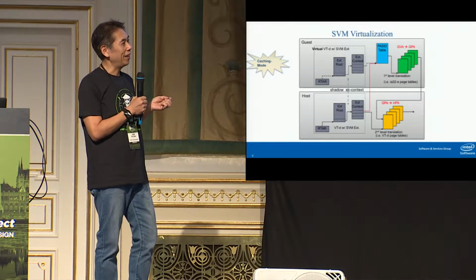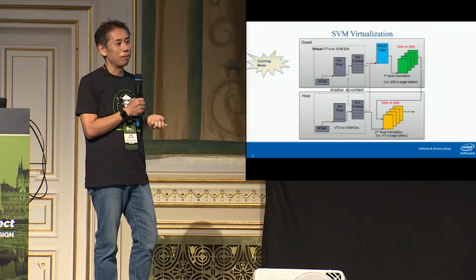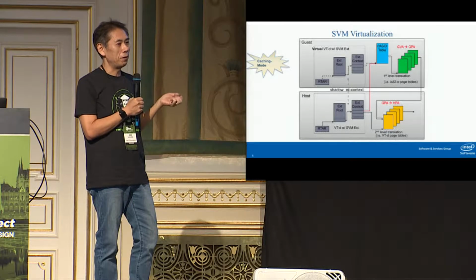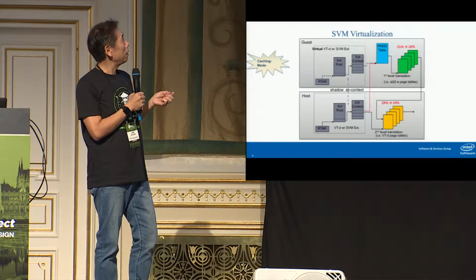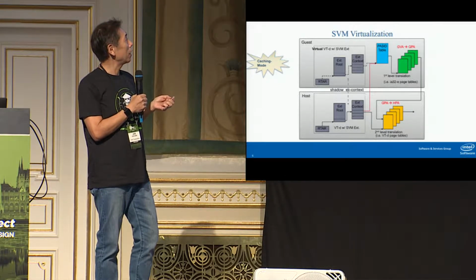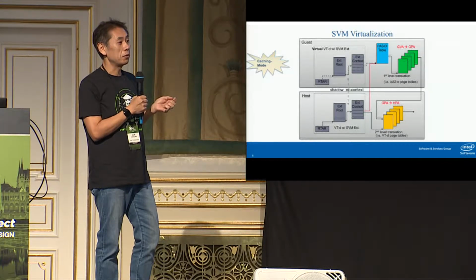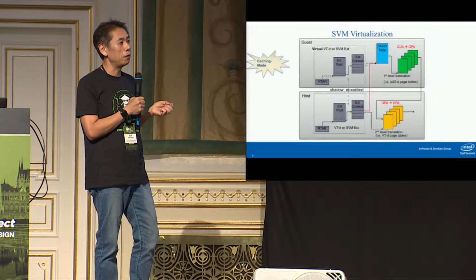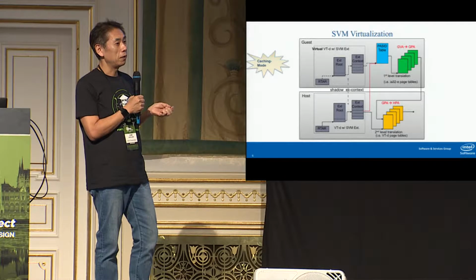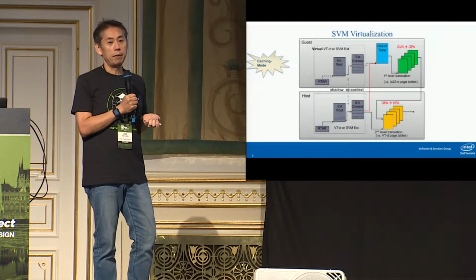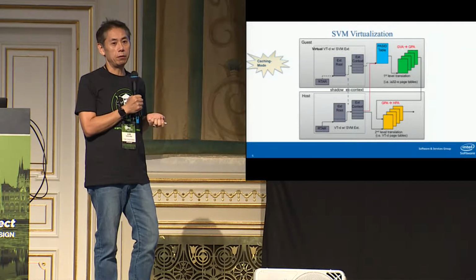It converts to what, in its view, is machine physical, but it turns out to be guest physical. So this VTD page table is kind of fake. We really need to have a real VTD, which is basically a kind of shadow page table.